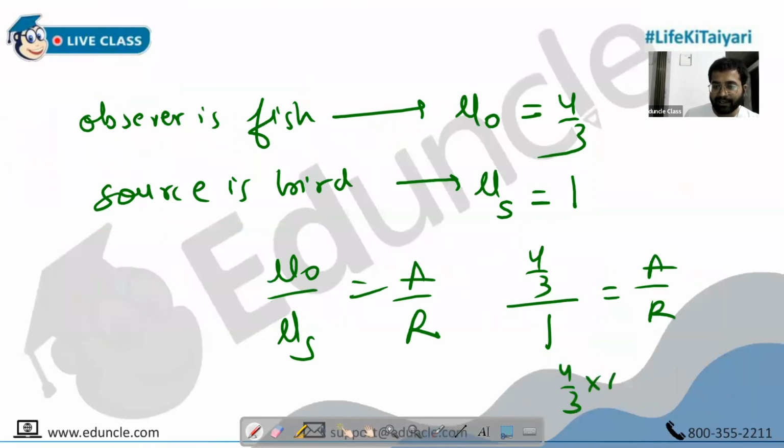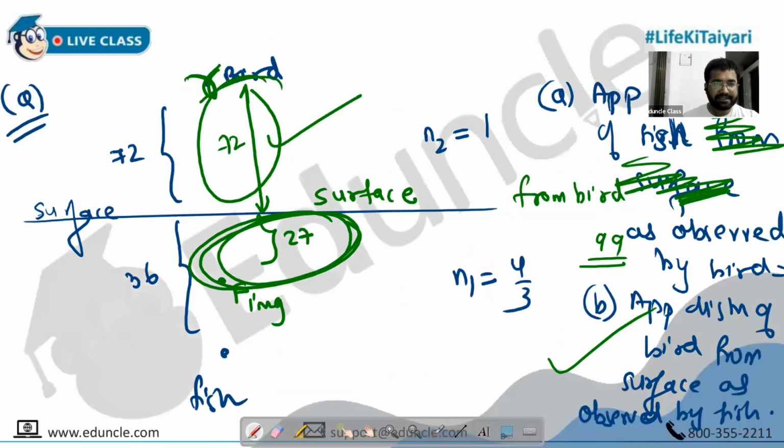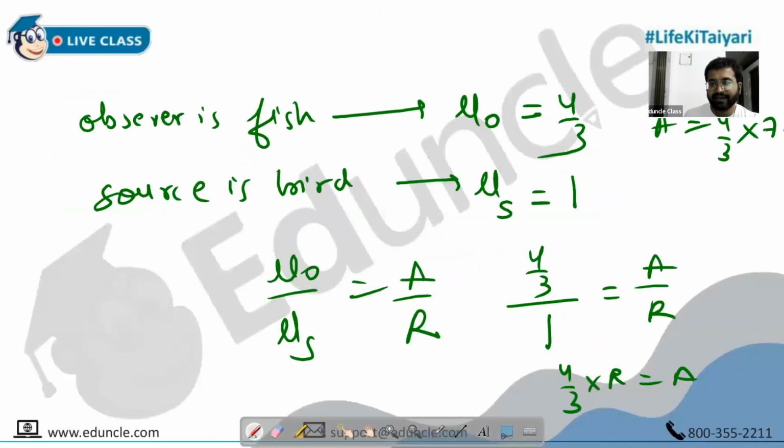So 4/3 into real, this is apparent. So what is the real distance of the bird, people? Real distance of the bird is 72. So 3 ones are 3, 24s are 24 into 4. That's 96. Apparent distance of the bird from the surface is 96, people.